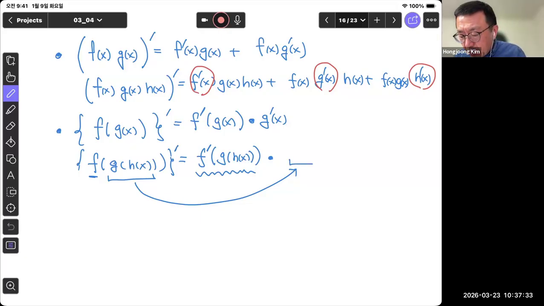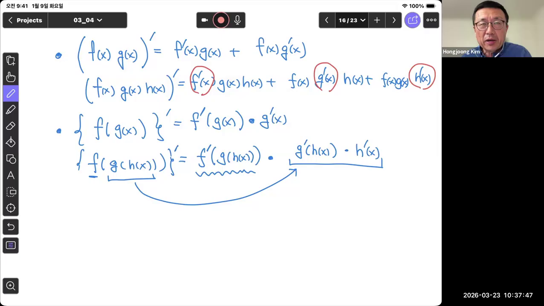So that is g prime of h(x) multiplied by h prime of x, because this inner function is another composite function. So when g(h(x)) is differentiated, you first differentiate the outer function g evaluated at h, and then you need to multiply the derivative of the innermost function, which is h. Okay, so this is what you get.